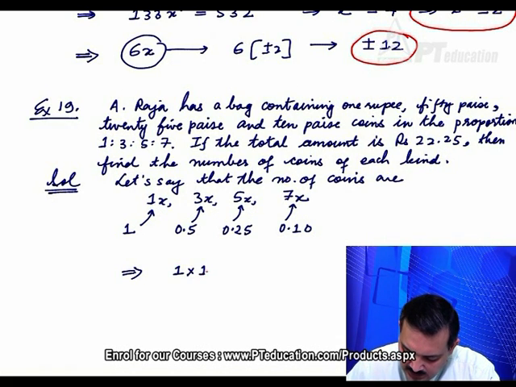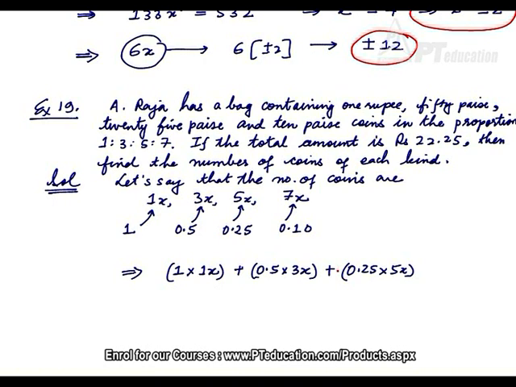1 into 1x plus 0.5 into 3x plus 0.25 into 5x plus 0.10 into 7x.